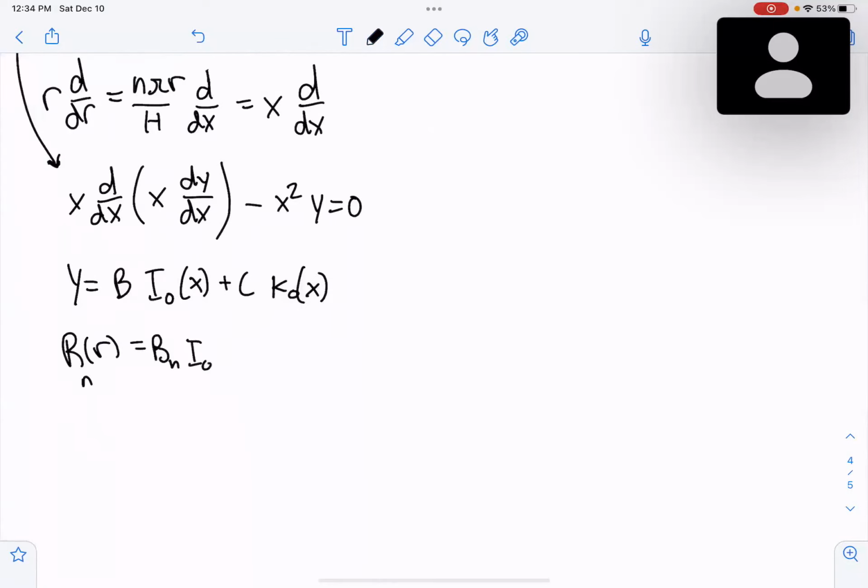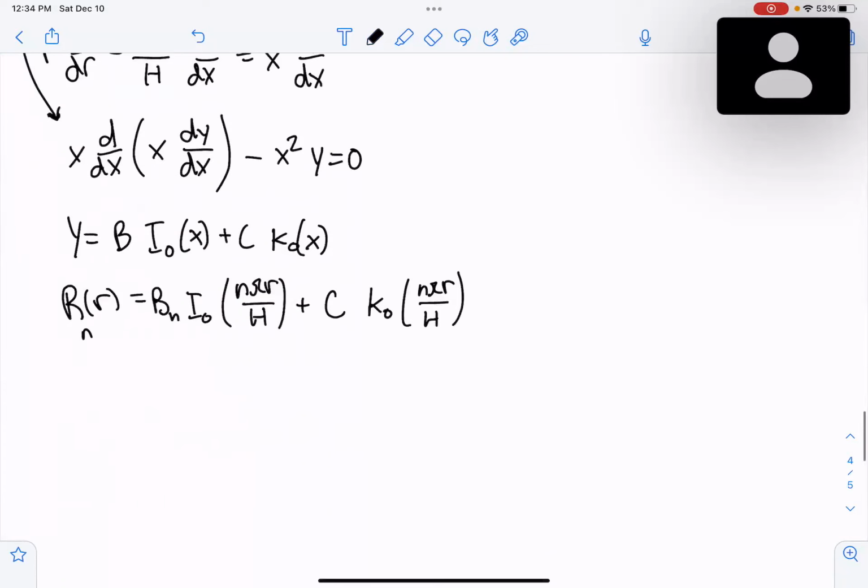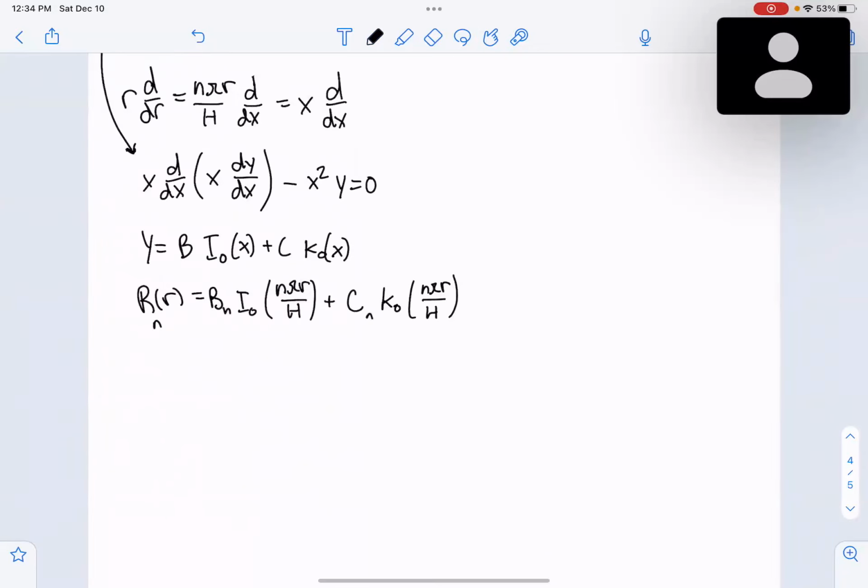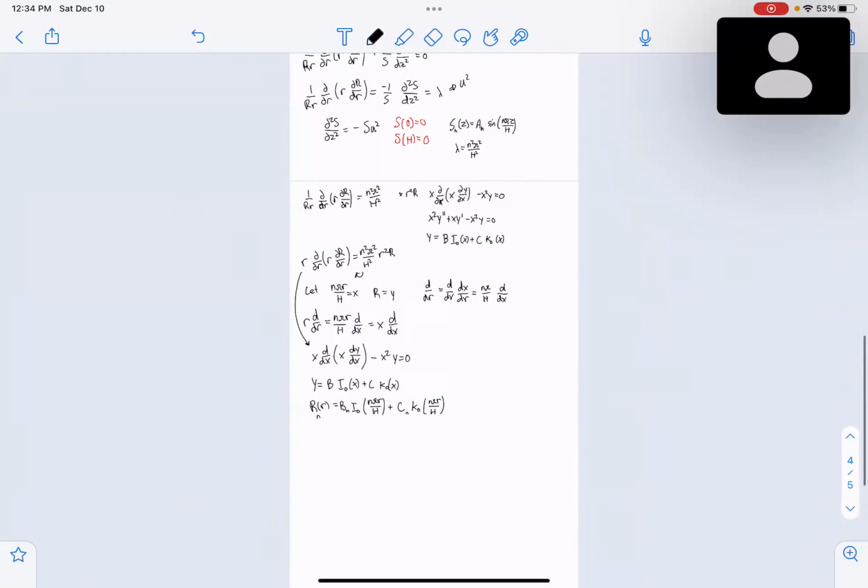Bn I naught of x is just n pi r over h plus c k naught n pi r over h. So yeah, we've definitely gotten somewhere now. We have our full formulation for Rn and Sn.